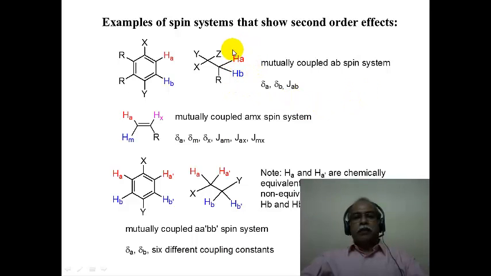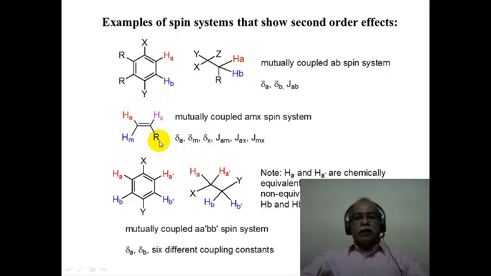Consider this example where the two hydrogens are diastereotopic in nature. They may not be very different in their chemical nature, so their difference in the chemical shift values can be very small and comparable to the J value, and that can present an AB kind of a system. An AB kind of a pattern can be seen in the NMR spectrum.